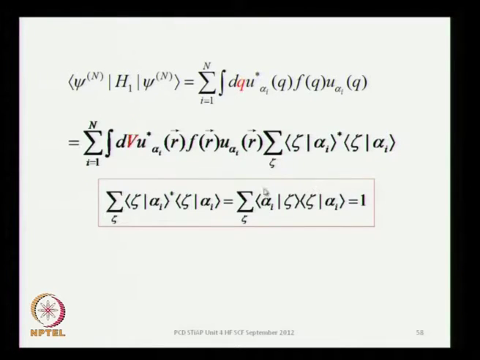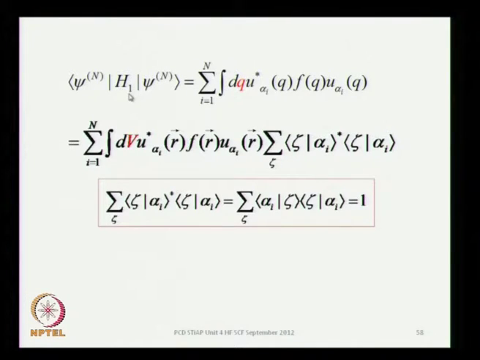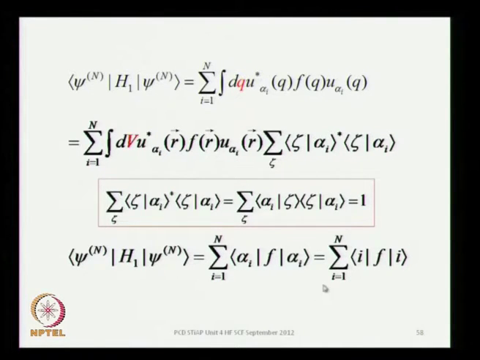So, you immediately recognize that this is nothing but the resolution of unity. So, it gives you just a factor of 1 multiplication, and the summation over spin can be carried out separately, and this integral, which is the expectation value of the 1 electron Hamiltonian, becomes very simple, and all you get is this summation over I going from 1 through n, but this integral is now only the space integral, because the summation over the spin part gives you a multiplicative factor of unity.